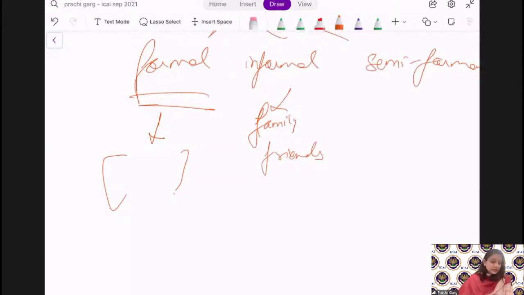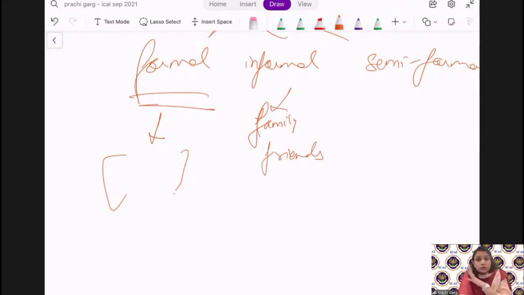Now, semi-formal is when you are basically talking within the teams or organizations with somebody. You don't share a too formal relationship, but not even informal, right? So with your colleagues, when you're working day in, day out together, you share a semi-formal relationship with them.